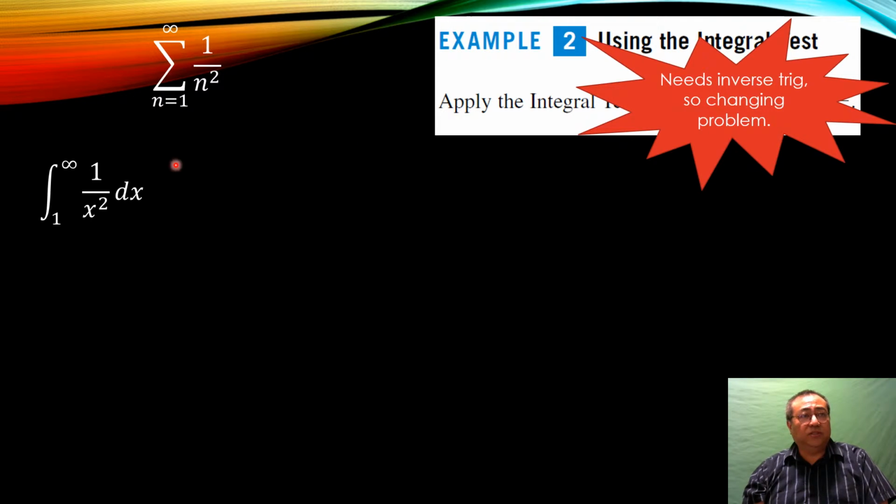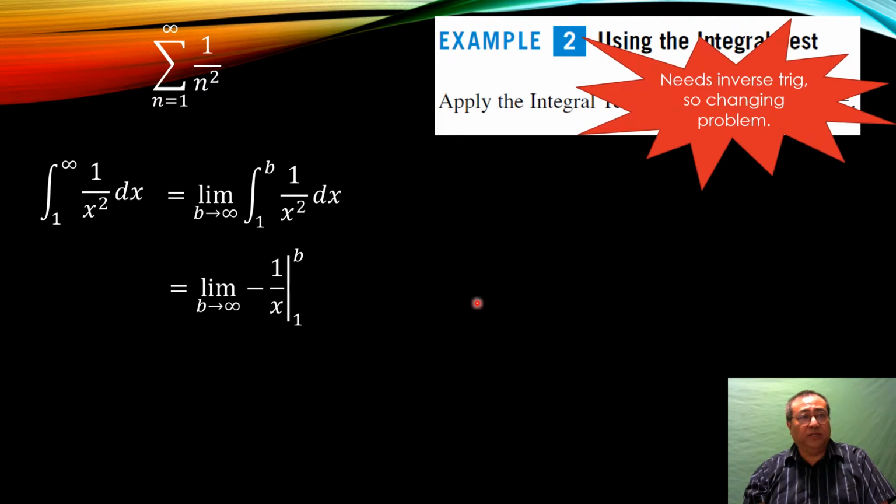So we make this integral. We convert it to a limit. We let b go to infinity. We integrate this, and we get negative 1 over x. Substitute the values, we get negative 1 over b plus 1 over 1. That plus comes from doing minus a negative. Now we take the limit as b goes to infinity. This term is going to 0.